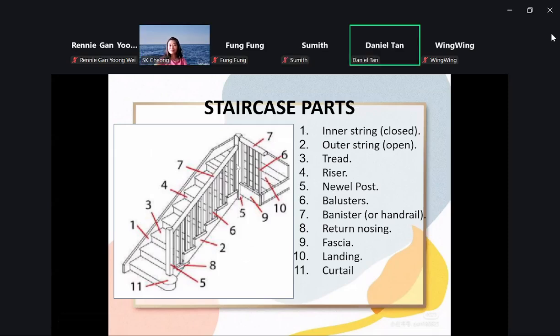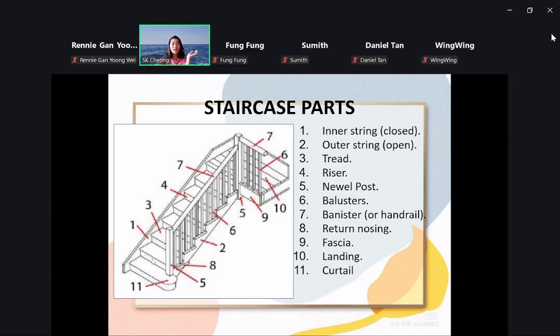So Madam Chum, for this staircase, do we need to sketch? That's what I just mentioned from the early part of this lecture. The question will ask for your understanding, so I do not need very fancy sketches.